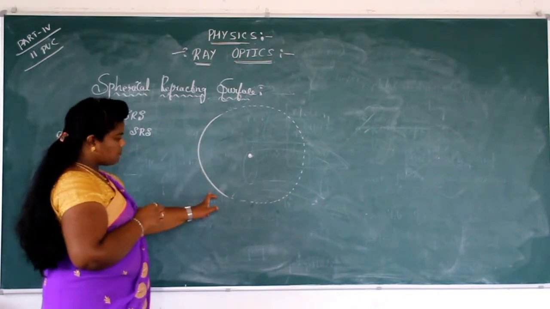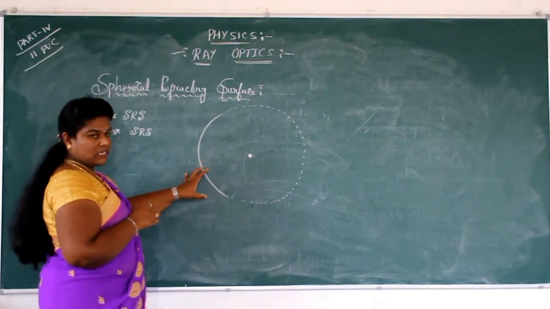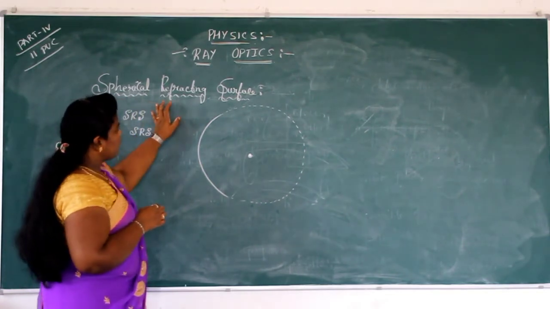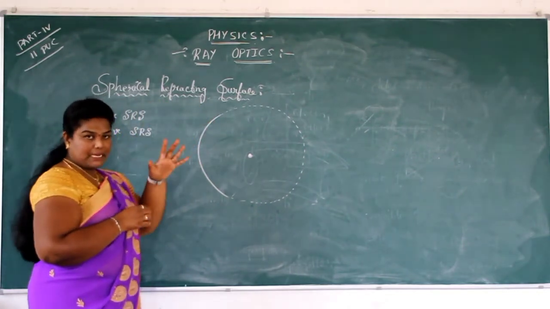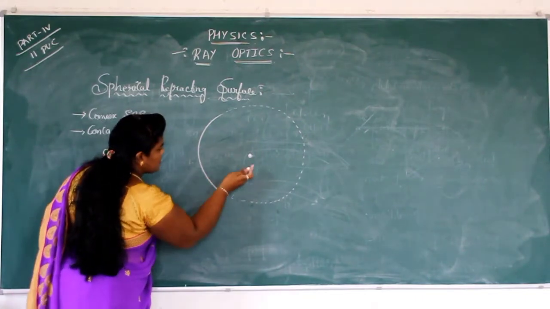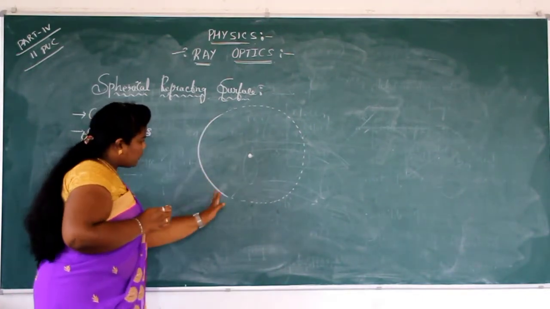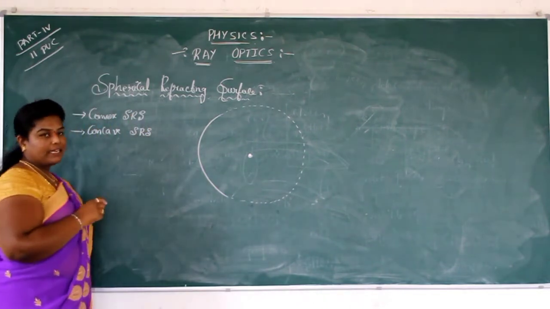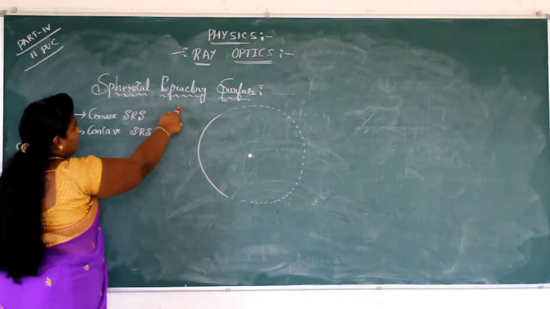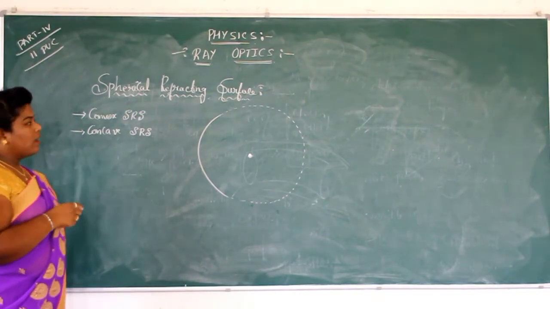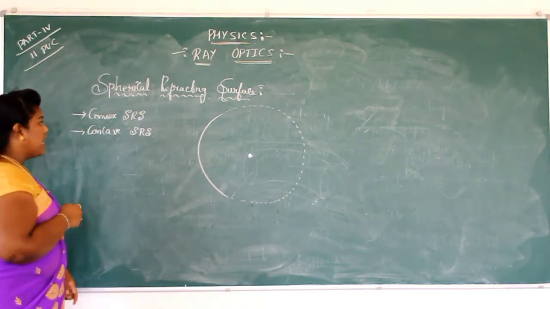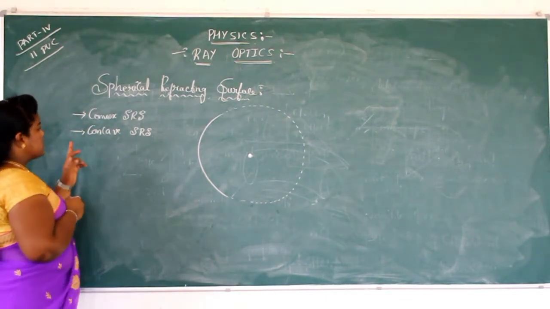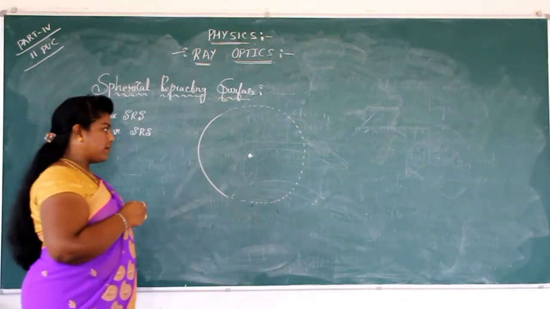The part of a sphere which refracts the incident beam of light is called a spherical refracting surface. I am repeating again, the part of a sphere that refracts the incident beam of light is called a spherical refracting surface. Dear students, I have already said that we have two types, convex and concave.